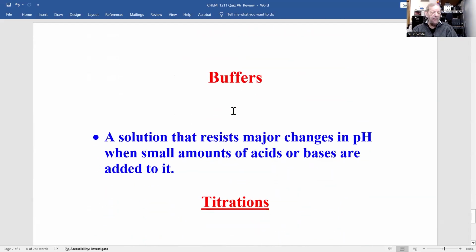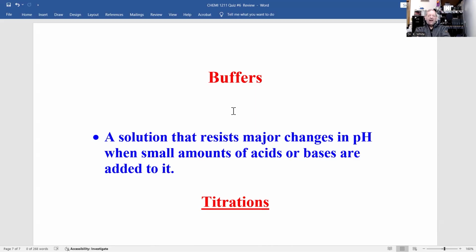Now, an important thing that plays a role in our body are buffers. Buffers are solutions that resist major changes in pH when small amounts of acid or base are added to them. So if I have a buffer solution and I add a small amount of acid or base, the pH stays the same.